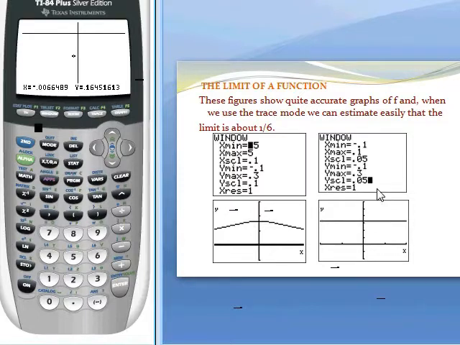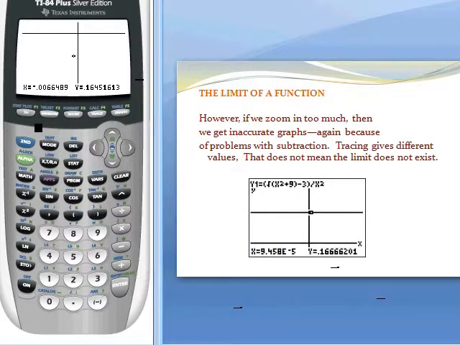The problem is it is not a flat line. There's always a curvature, but my calculator is not showing me that because I am limited by the pixel size. All right, so we saw two areas where we may get in trouble when we use our graphing calculator: the pixel size, where we may not be able to see all the details when we trace or graph.